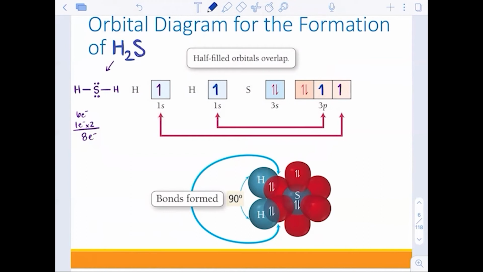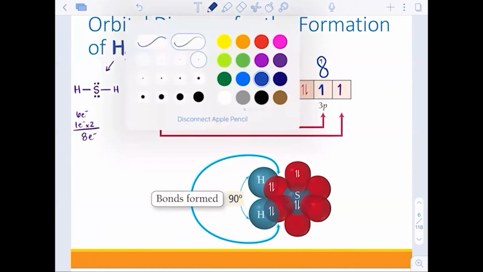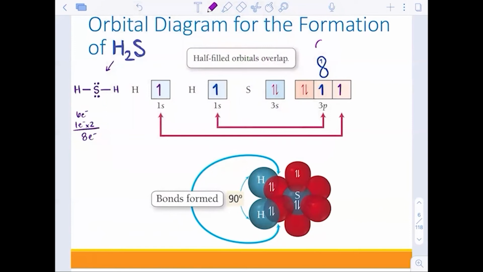So what we can imagine with those p orbitals, there's the p orbital, it's got 1 electron in it. I'll just draw it on that top lobe. Hydrogen is going to come along with its 1s orbital and its 1 electron, and they're going to join together. If we want to imagine what that looks like in a Venn diagram, I'll keep the phases there.